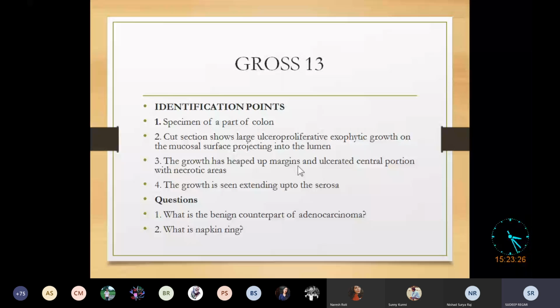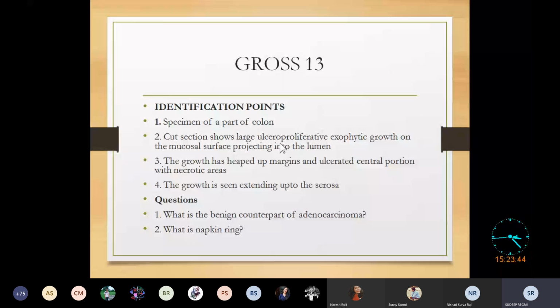The growth has heaped up margins and an ulcerated central portion with necrotic areas, and the growth is seen extending up to the serosa. So this is the mucosal area, and behind this is the serosal area.